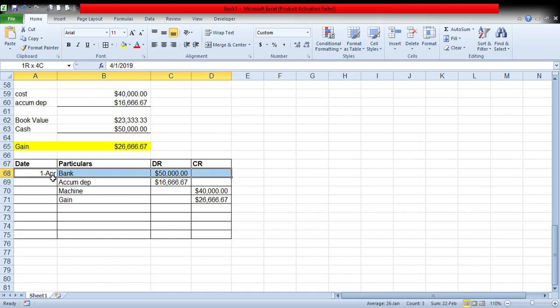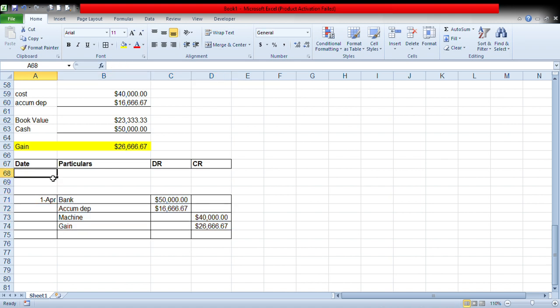Before that, we have to record the depreciation. On 1st April, we record depreciation expense debit, accumulated depreciation credit.